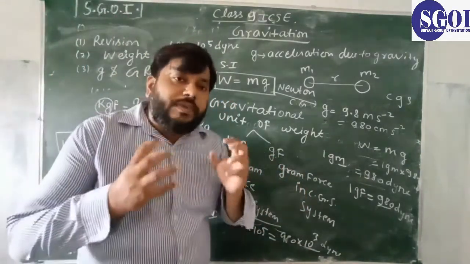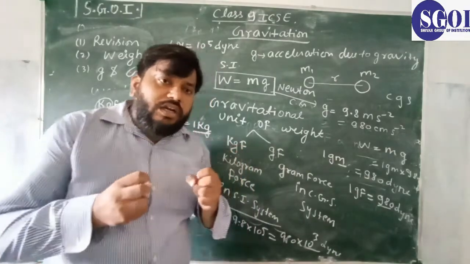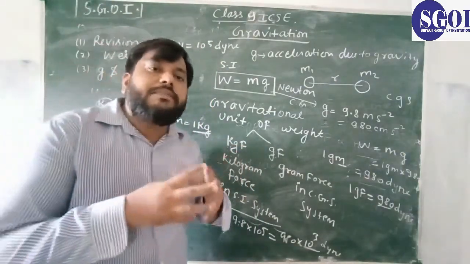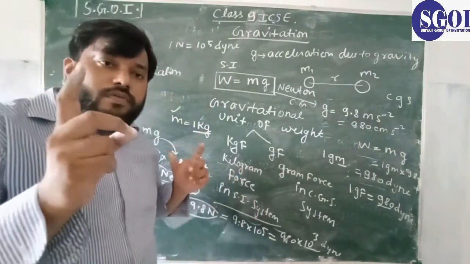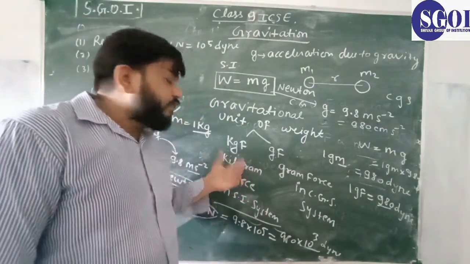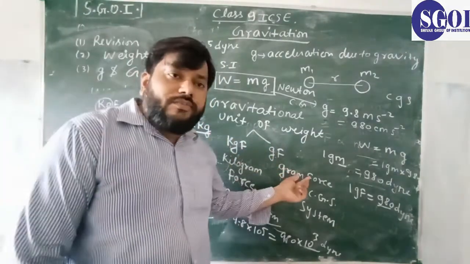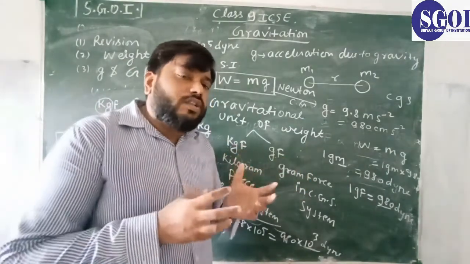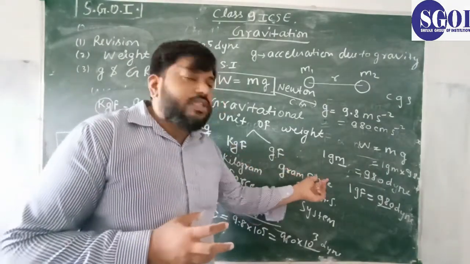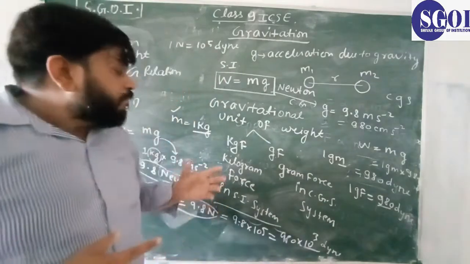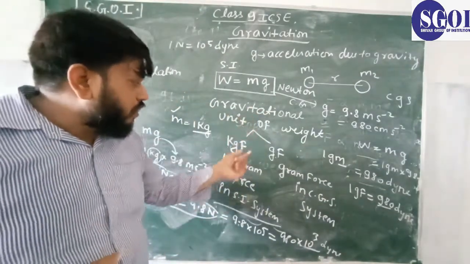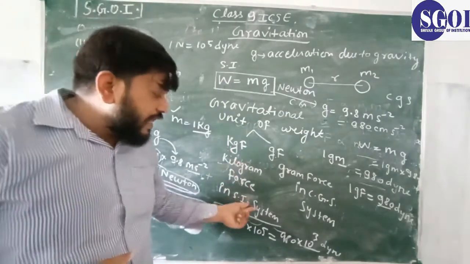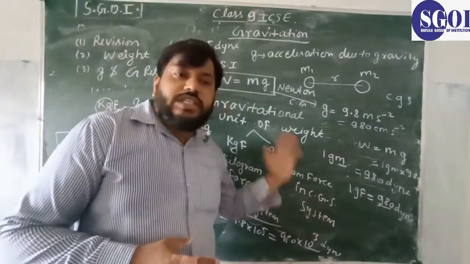The force of attraction applied by the earth on the object of mass 1 kg is called 1 kgf. The force of attraction applied by the earth on the object of mass 1 gram is called 1 gram force.